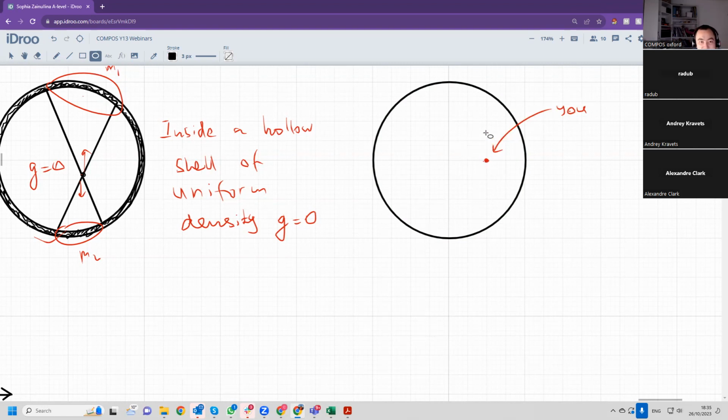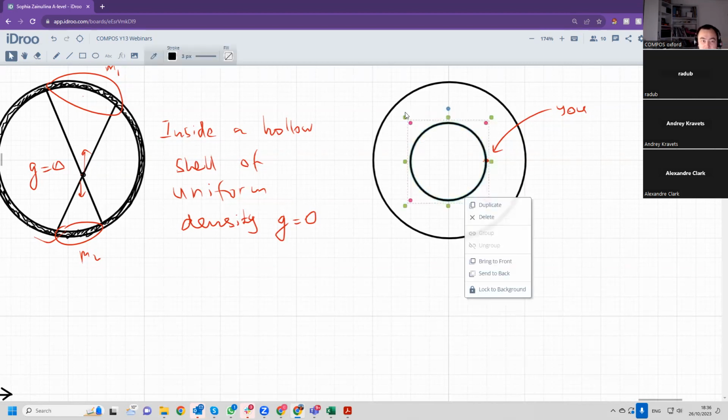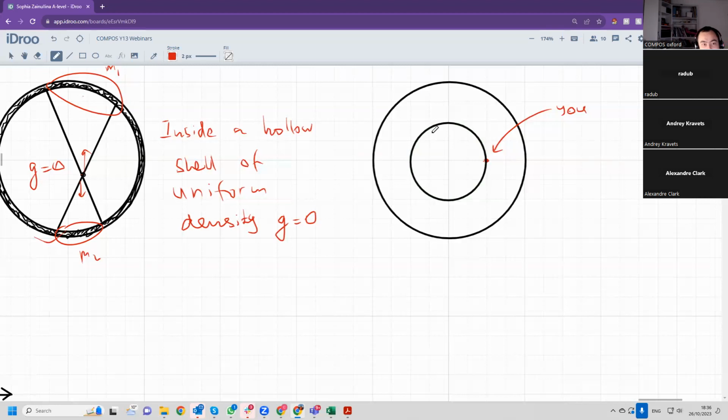Or you can say, wait a second, I am actually inside a hollow shell. I'm at the inside of the outer shell, and I am outside of the inner part.